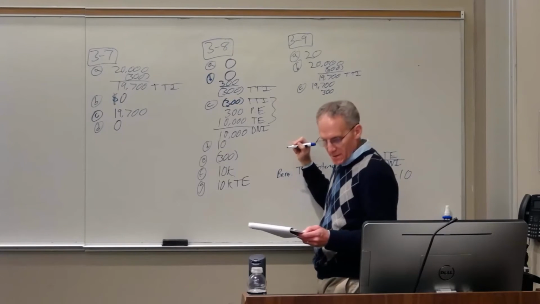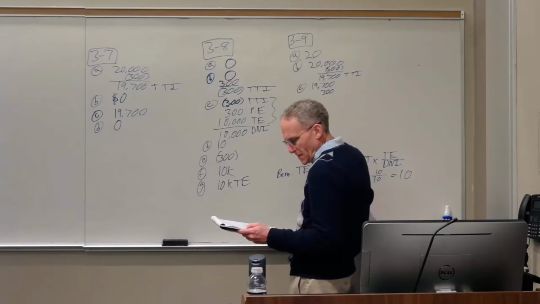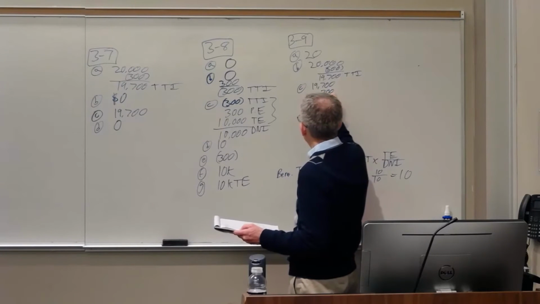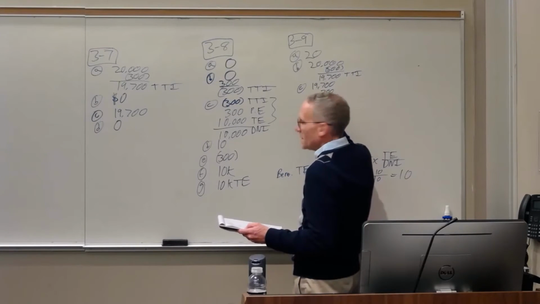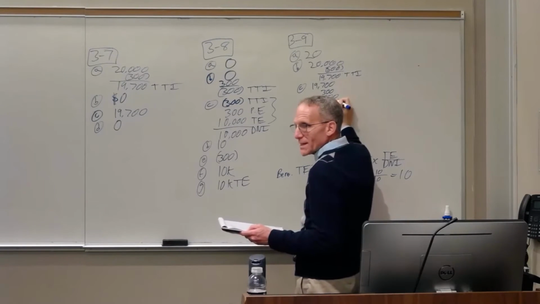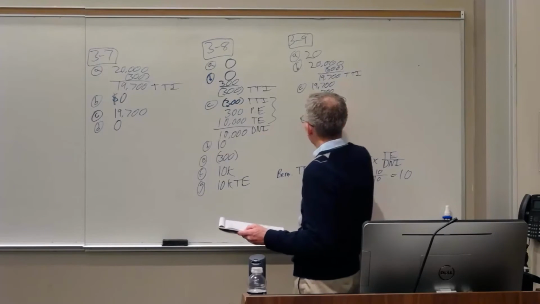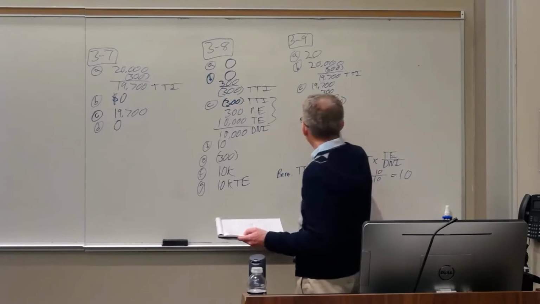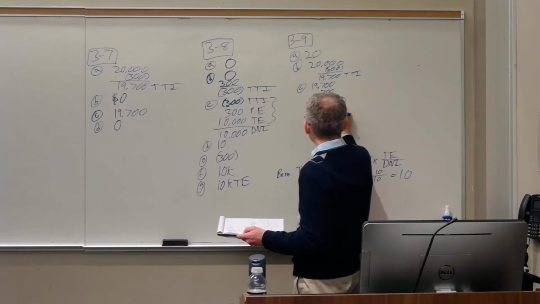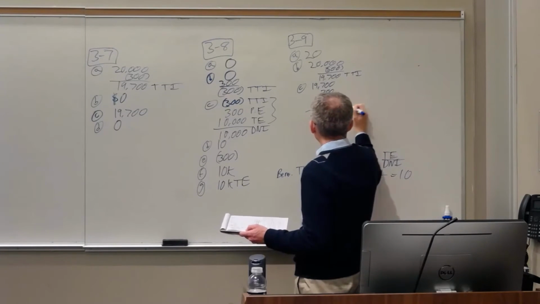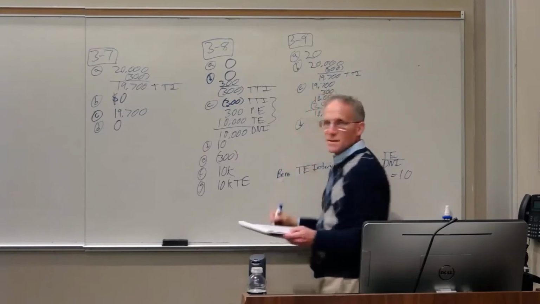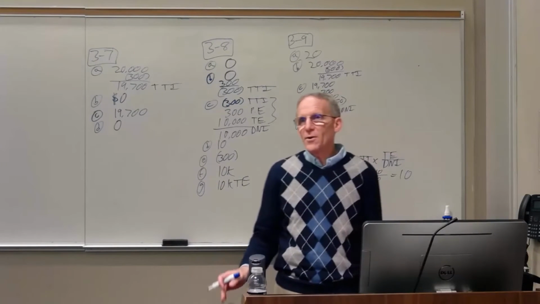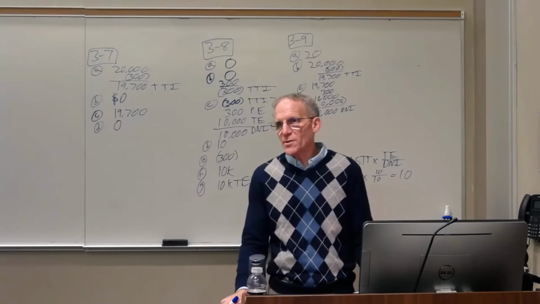So 19,700 plus the 300, I added back the 10,000 tax exempt interest, and then take out the 20,000 of capital gain, right? Right, Jenny? Okay. That gets you to 10,000 DNI. Everyone agree? All we're doing is applying code section 643. Agree?